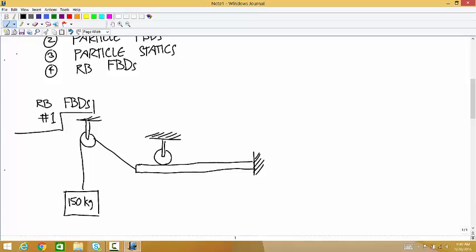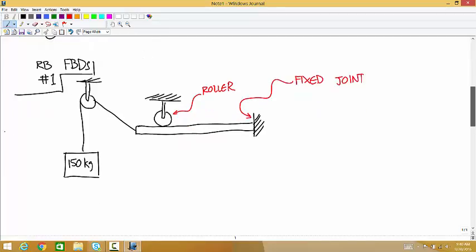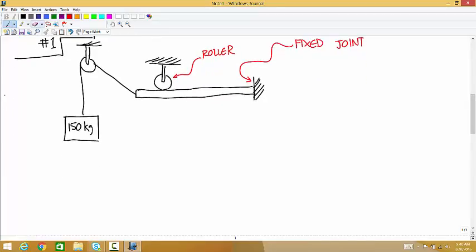And so this is a roller. This is a fixed joint. And so when you do the free body diagram, you're just going to follow the rules of those joints. You know, I listed out all the, yep.